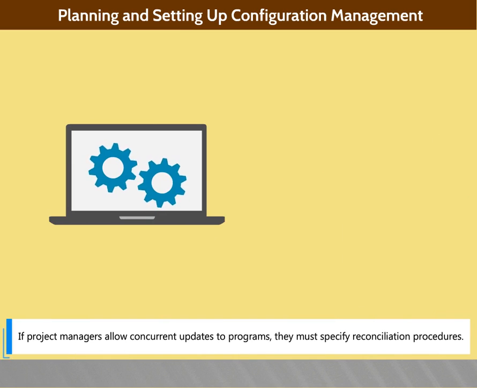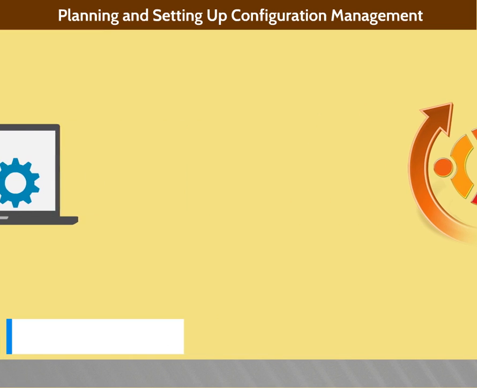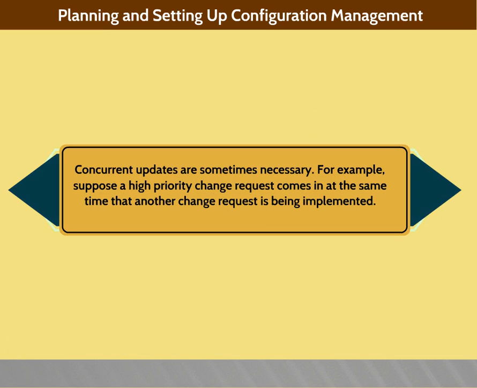If project managers allow concurrent updates to programs, they must specify reconciliation procedures. Concurrent updates are sometimes necessary. For example, suppose a high priority change request comes in at the same time that another change request is being implemented.